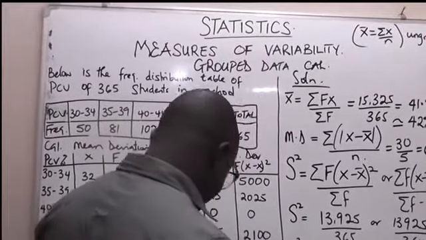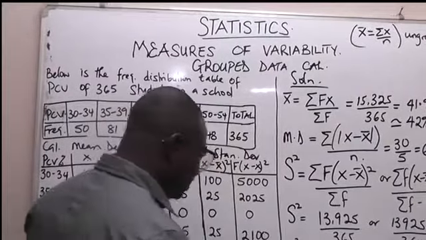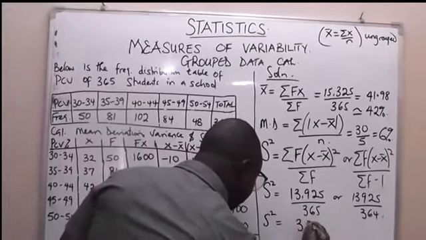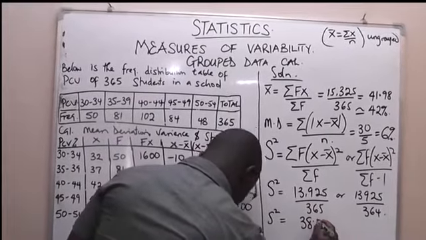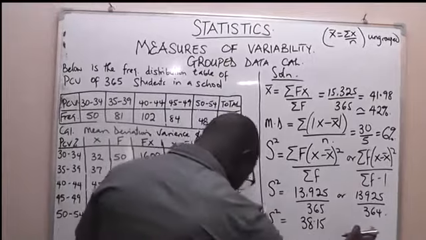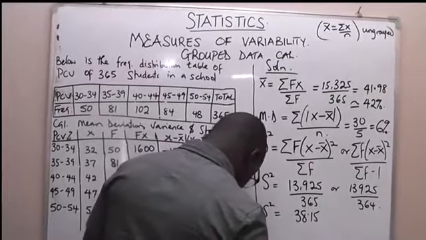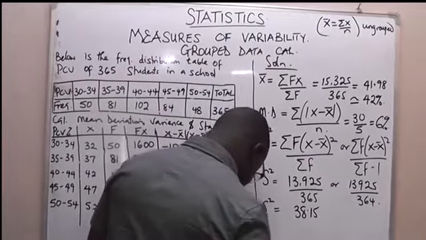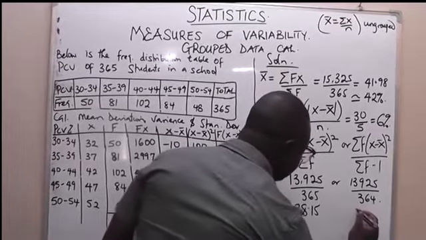Okay, so if you punch this on your calculator, for this one you get 38.15, while for this one you will get 38.25.